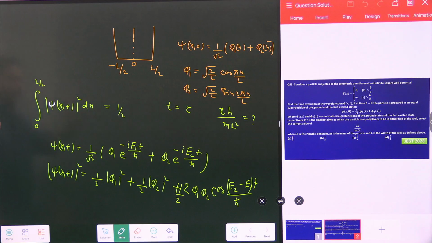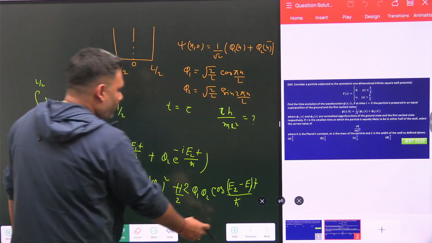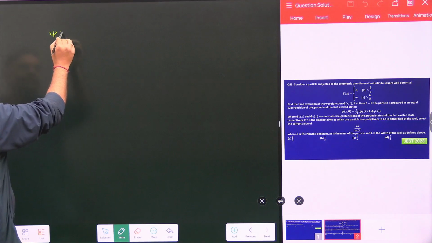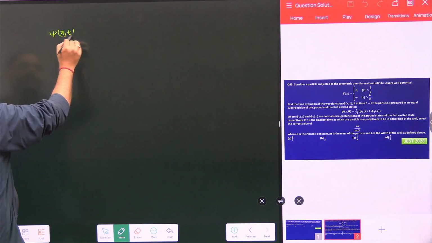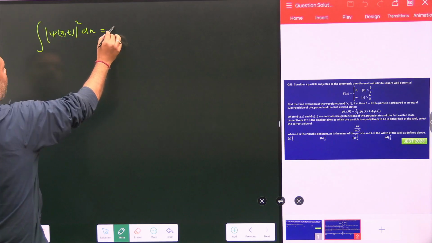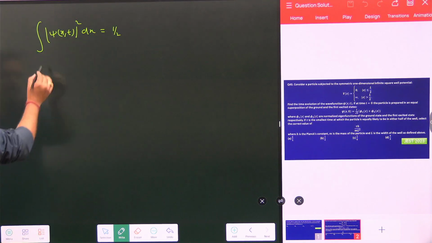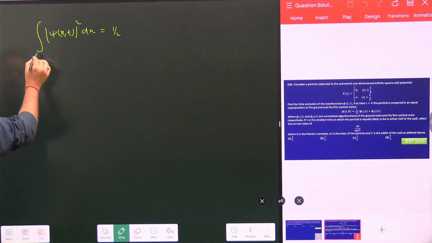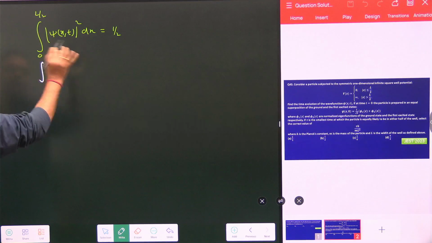And then we will go for integration. So we have to apply this particular thing. When we apply it, we take the integral of mod psi x t whole square dx, and this must be equal to half. It goes from 0 to L by 2 according to my problem.